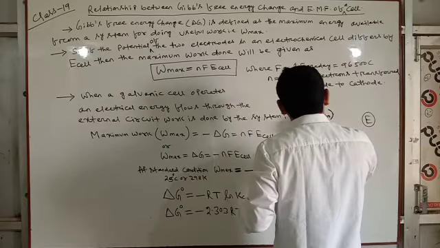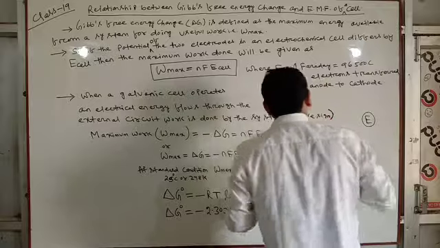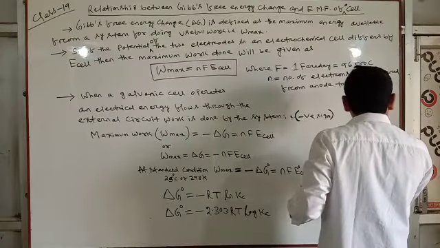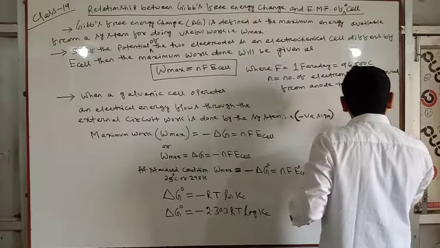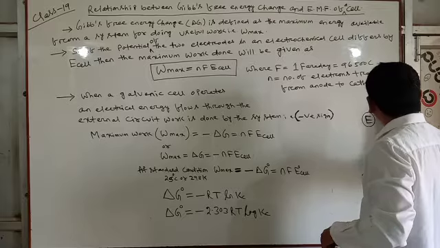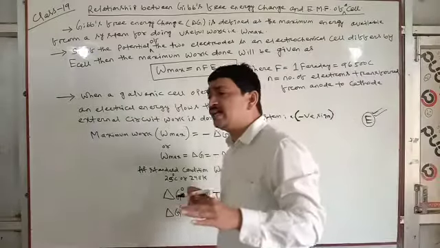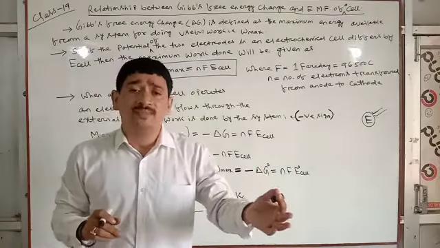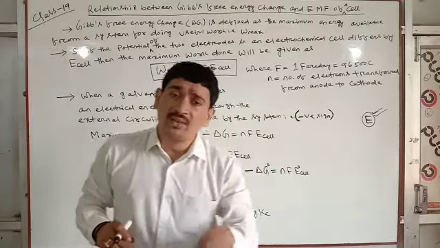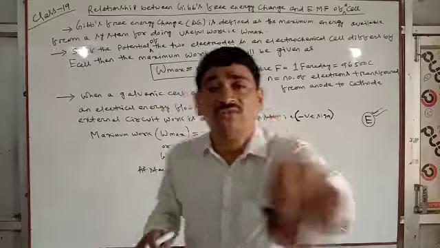So what is internal energy? The sum total of every possible kind of energy possessed by a system is called internal energy. A part of the energy utilized for doing useful work is called free energy.